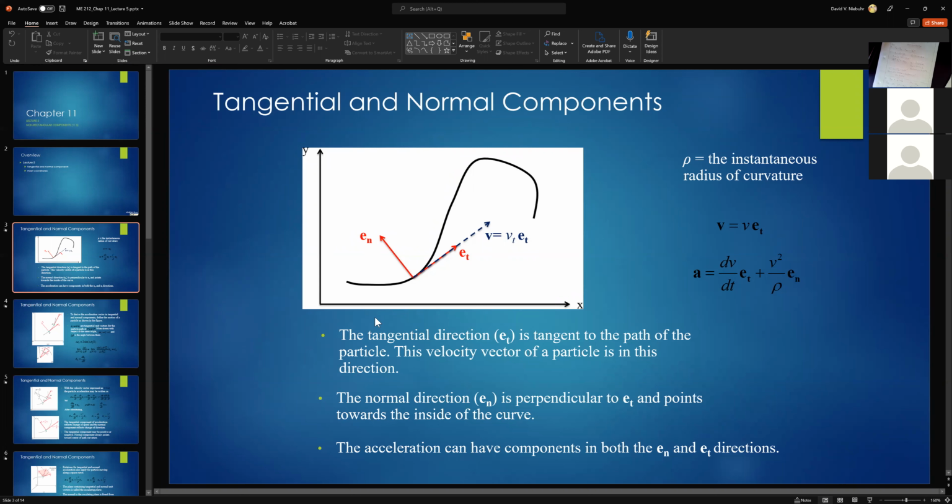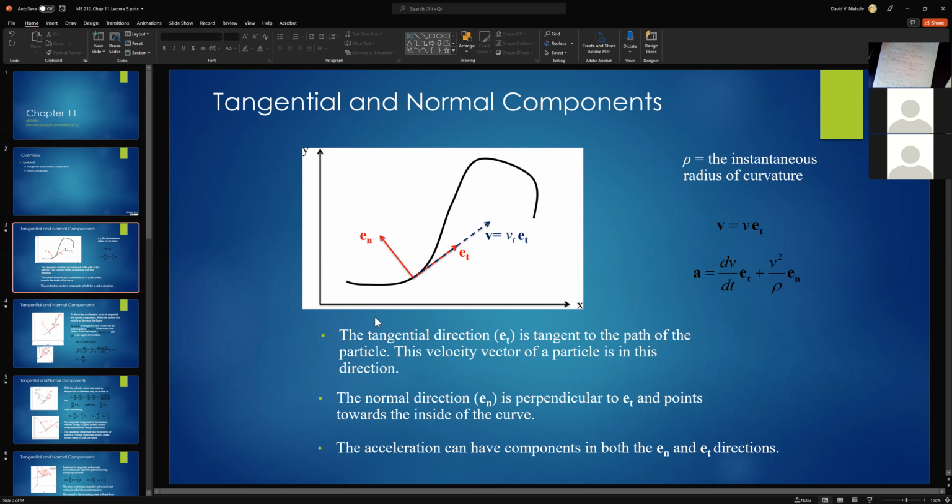One is the tangential velocity, and that's a vector that's just equal to the scalar velocity times the unit vector. And then we also have the normal vector.